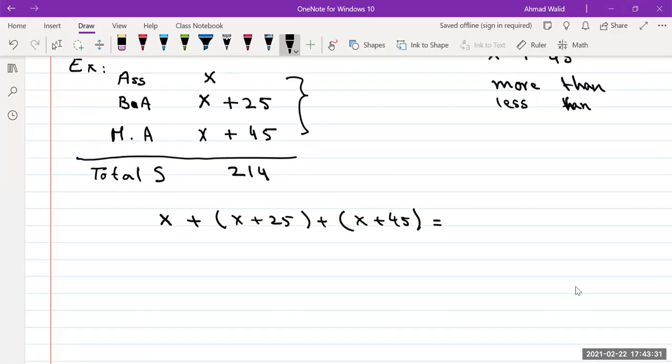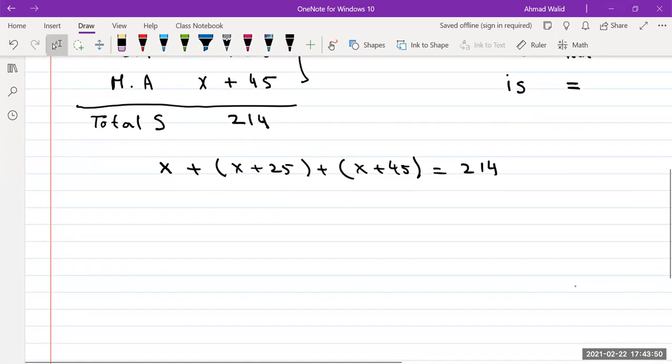How much is the total? Remember, when you are writing an equation, "is" means equal sign. Is $214,000. You see, you created really a simple linear equation.